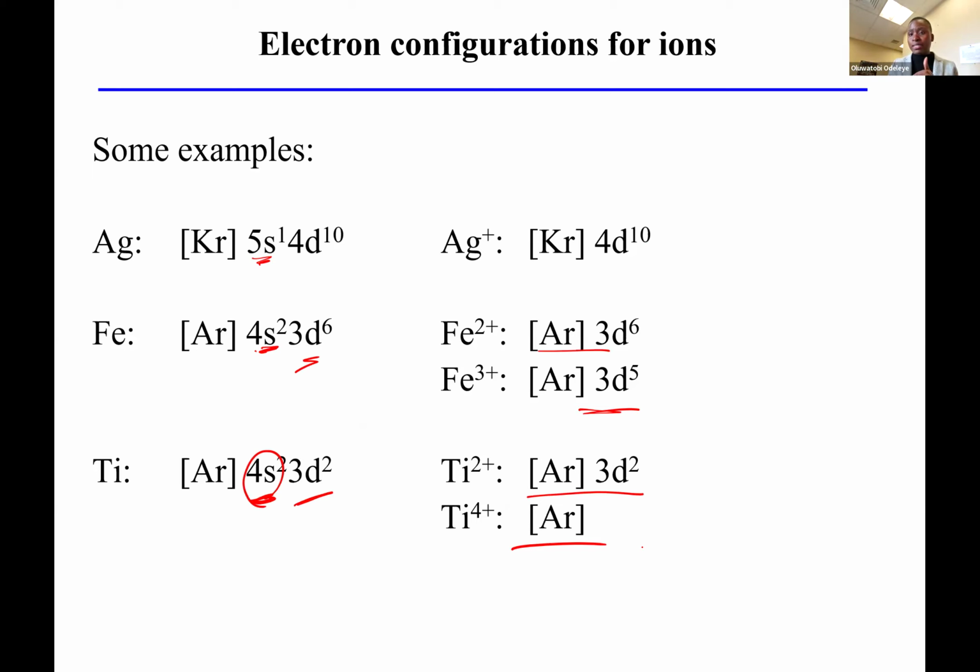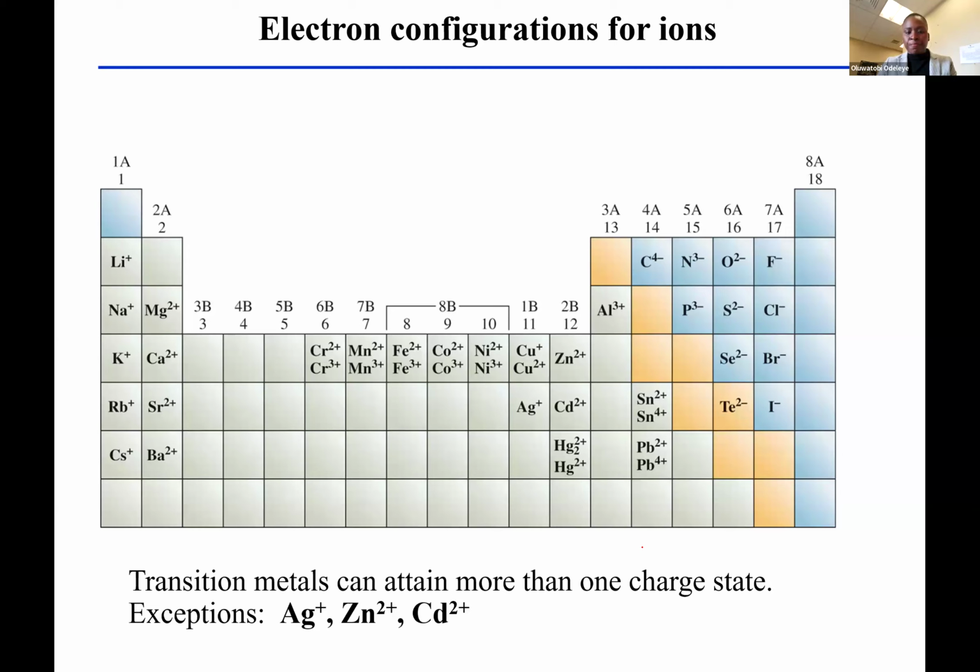I look like a noble gas, but that doesn't have to be what they're looking for. Again, remember your transition elements can have more than one state with these exceptions. If you think back to when we were naming, we looked at those, but yeah, transition elements will usually lose multiple electrons because they can have multiple states.